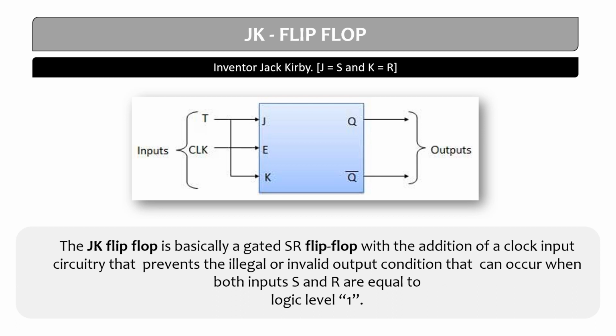Normally this connection causes the toggling, and because we are toggling the device, it eliminates the invalid condition, because it is never possible that both will be in invalid states. So this is the main advantage of the JK flip-flop: because we have used the SR flip-flop along with the JK inputs, we can toggle the outputs, so there is no chance of the invalid state of the device.